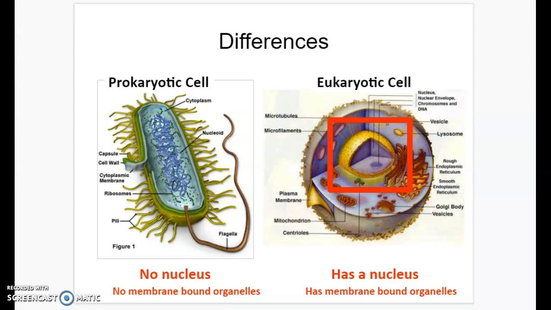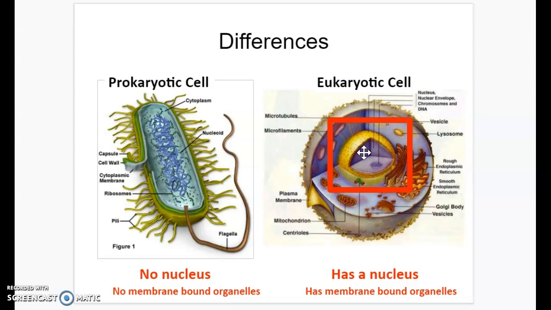Some more differences. Prokaryotic cells have no nucleus, and they have no membrane-bound organelles. In the prokaryotes, you'll see the DNA is just hanging out here in the middle. It's not protected like in eukaryotic cells. They have a nucleus, and in the nucleus, you'll find the DNA, and it's protected.